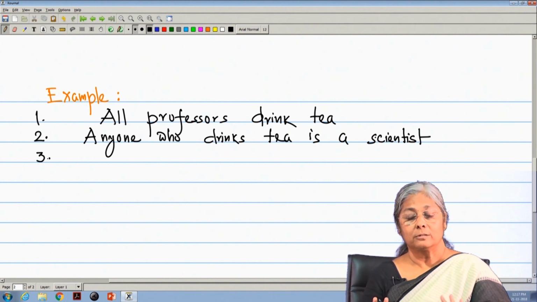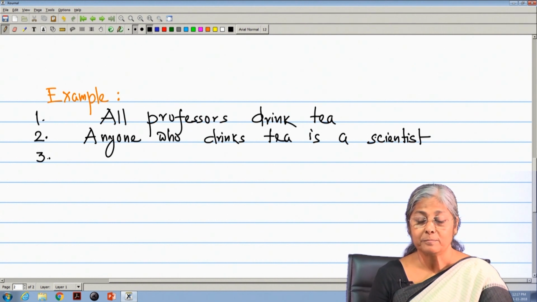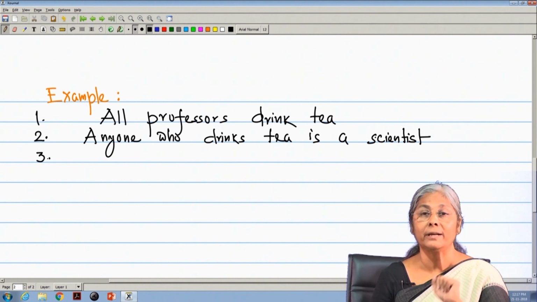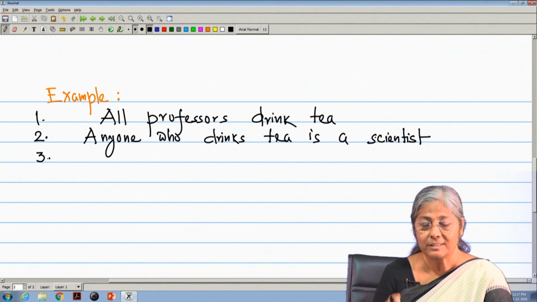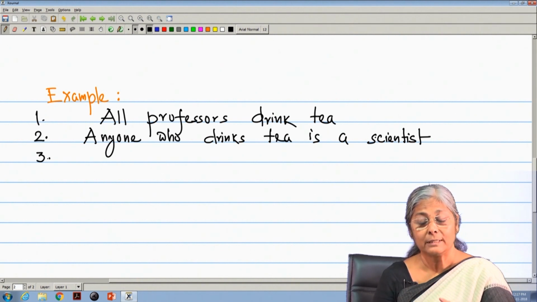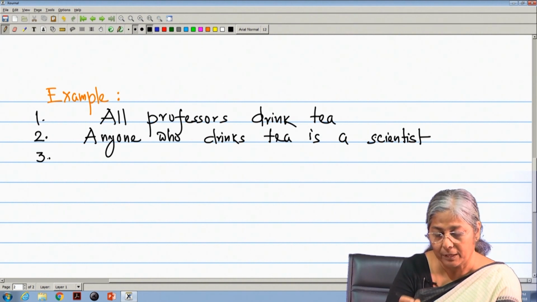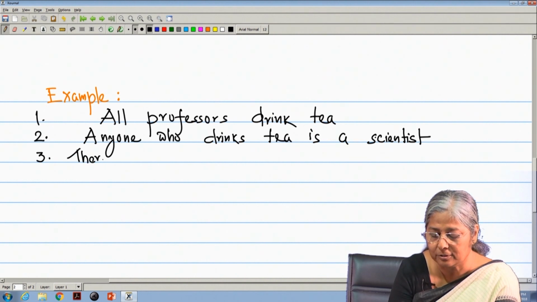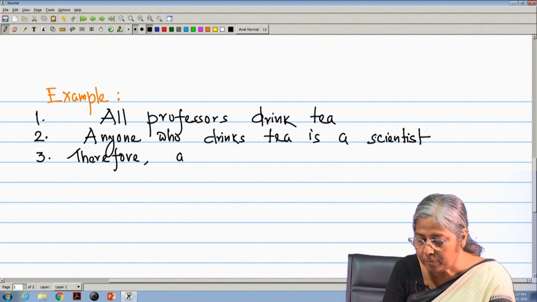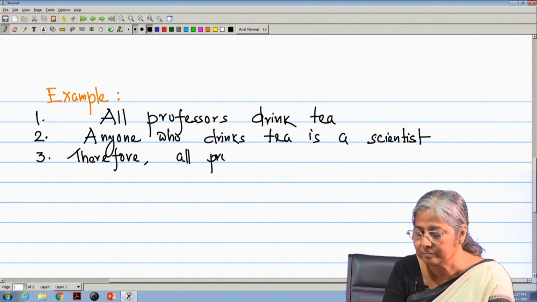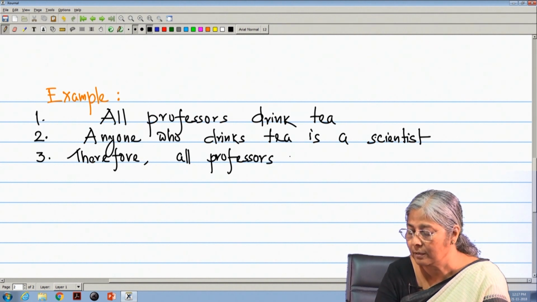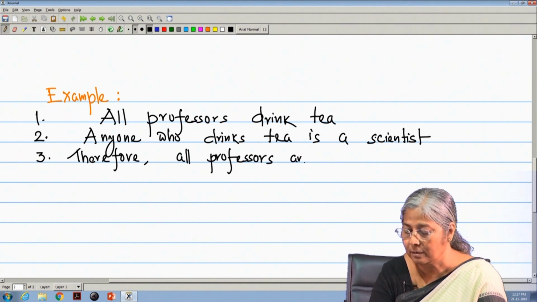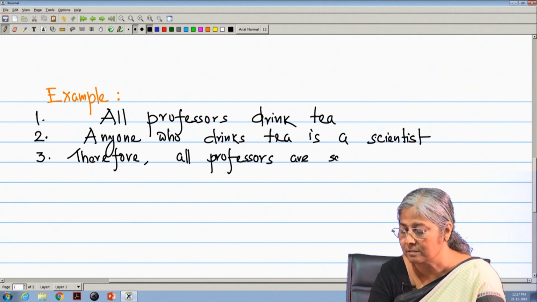The third statement gives a relationship between 1 and 2, and if we think that 1 and 2 are correct, then I can write that therefore, all professors are scientists.